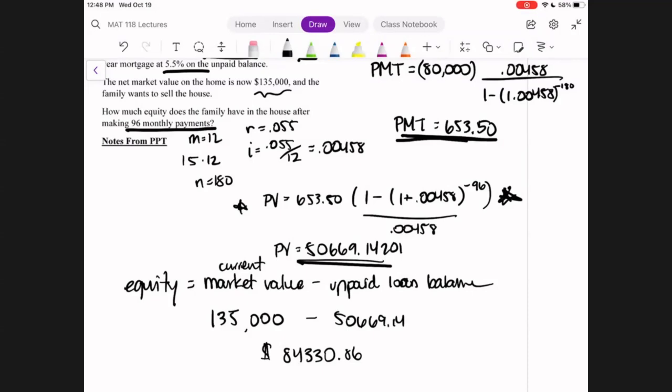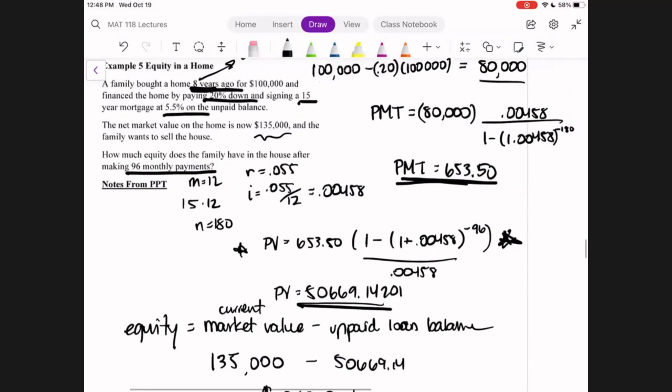And I do think, so one thing I want to comment on, there isn't one like this in your homework, but I do think I have a slight error.